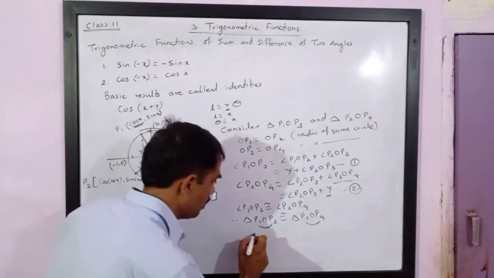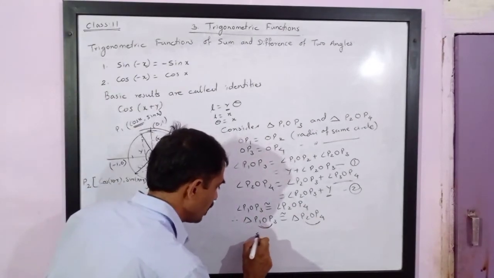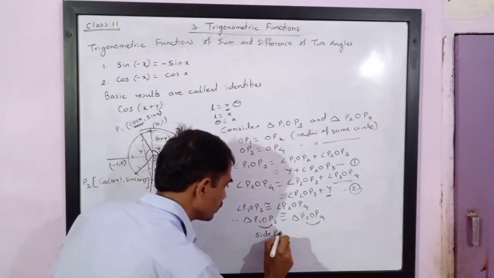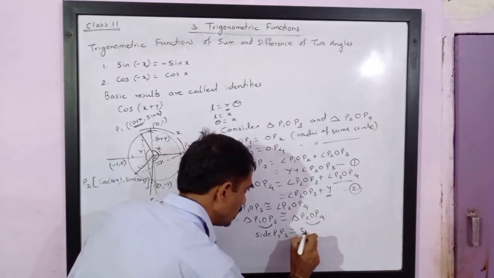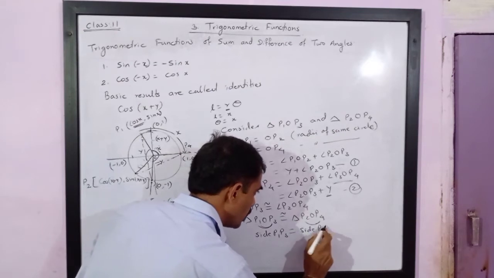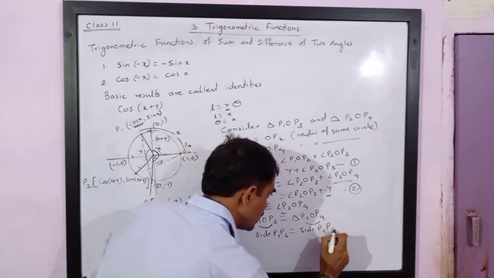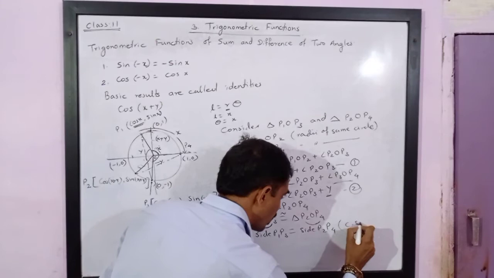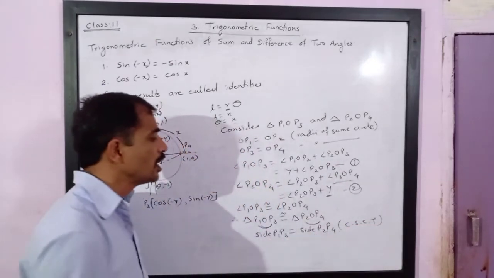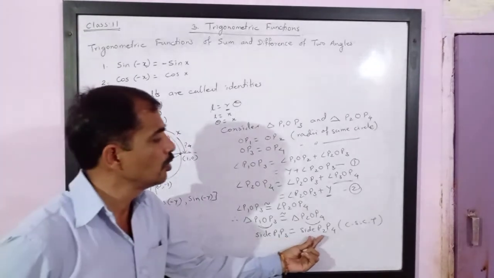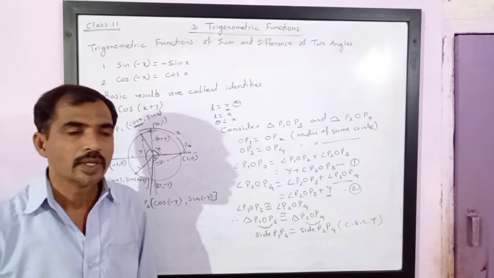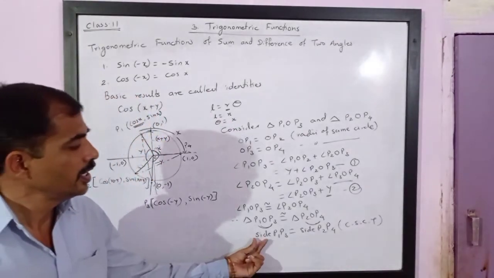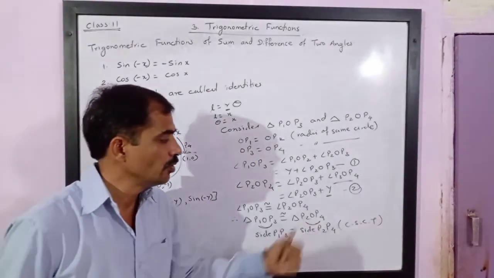It means side P1 P3 must be equal to side P2 P4. The reason is corresponding sides of congruent triangles. So if P1 P3 is equal to P2 P4, then we get. Dear friends, now we have written side P1 P3 is equal to side P2 P4.